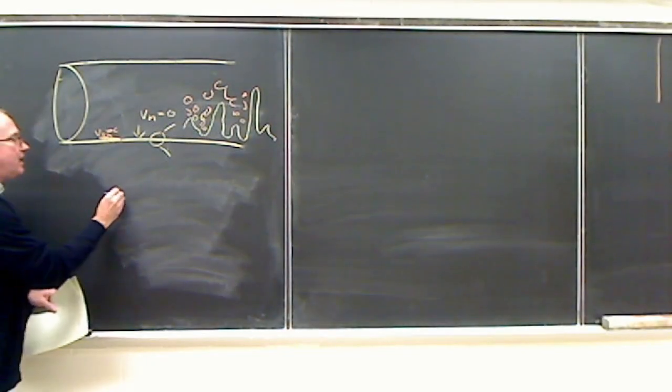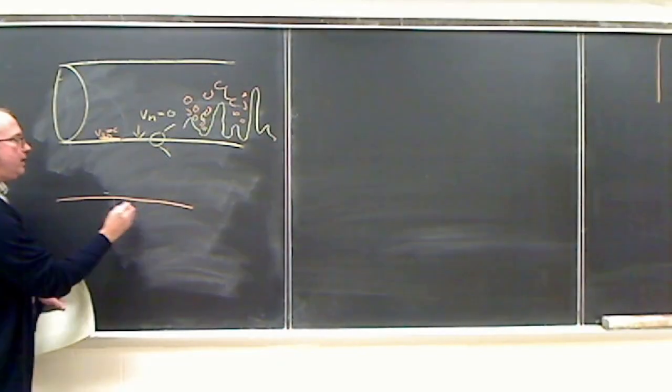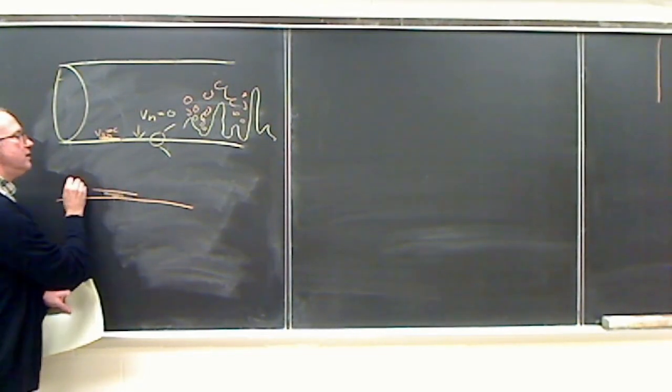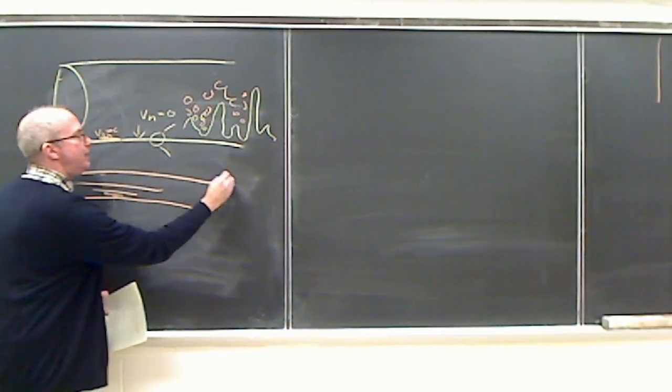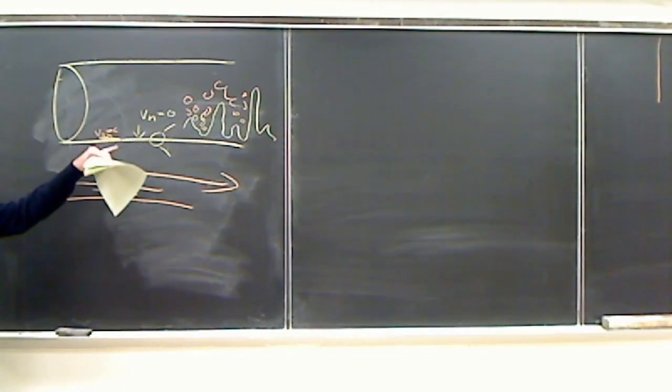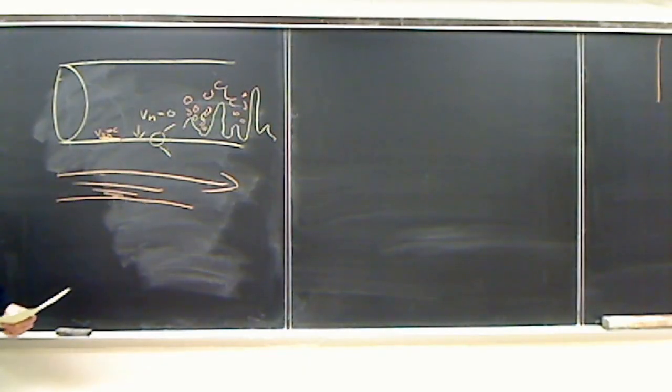So if I'm looking at the velocity profile, here's my surface again. My velocity is 0 here, and then not 0, and then not 0, and then not 0, and then I'm in the flow of the pipe. When I'm in the flow of the pipe, I don't really care about the wall. Now, we saw from doing pipe flow last time that the boundary does in fact impact the flow in the pipe.